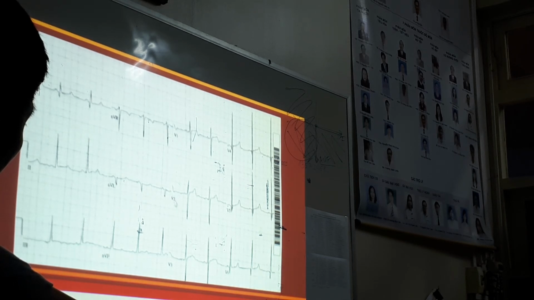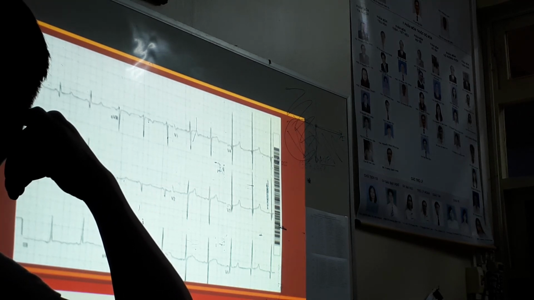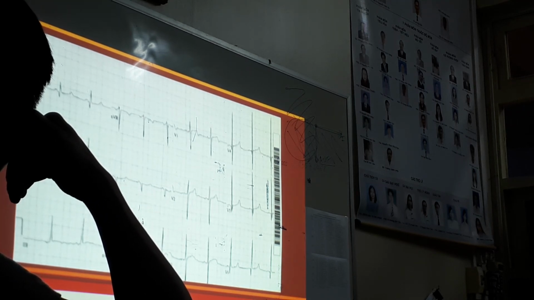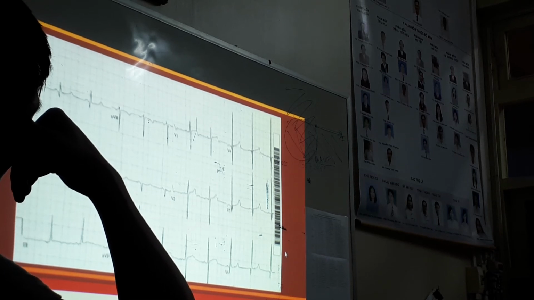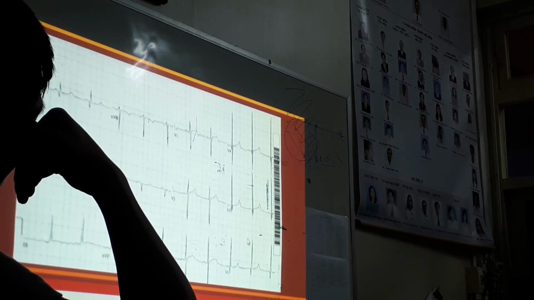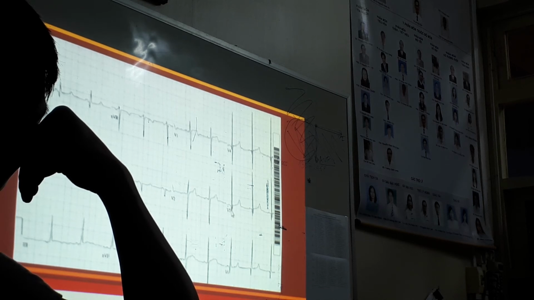So if you look at this EKG, does anything look weird? Just looking at it very superficially. Q waves are pretty much never normal, okay? But we have large Q waves in V5, V6, very narrow, very large, which is very abnormal.